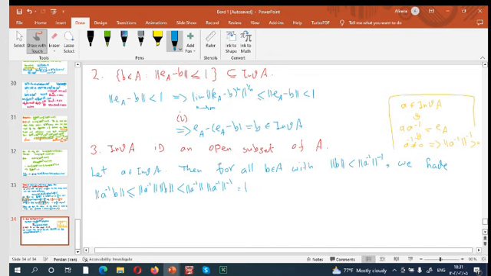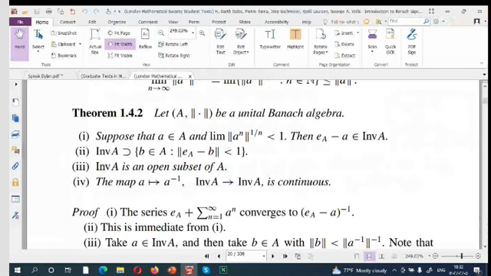So that by part 1, EA minus this element is invertible. Please note that in part 1 we proved that for any A with this property, this element must be invertible.